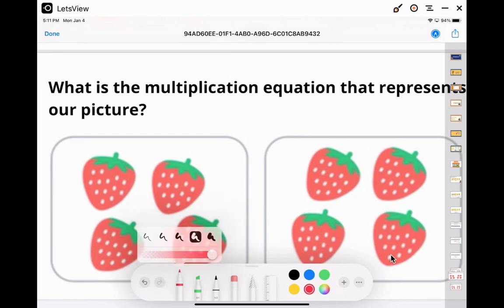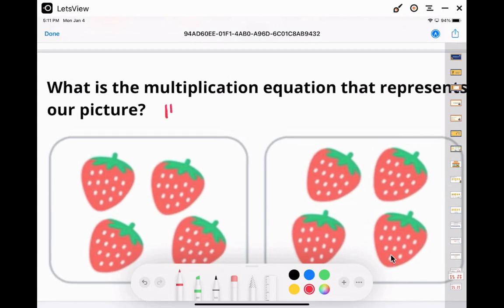Well, let's recall what we talked about today, guys. Today, we learned that when we write our multiplication equation, we want to first list for our first factor the number of groups, and then we're going to multiply by the number of items in the group.